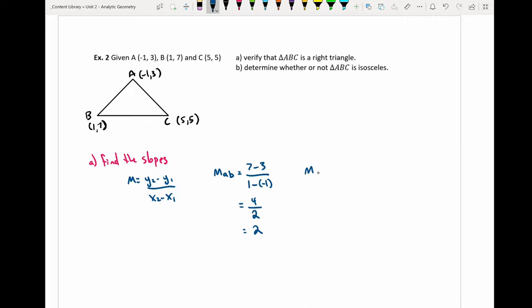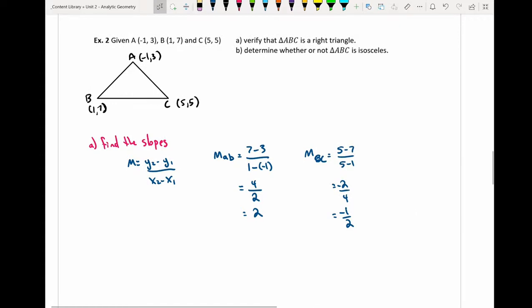I'm going to look at another line, the one adjacent to it, BC. And it's using the same slope formula. So BC, I got 5 minus 7 over 5 minus 1, so -2 over 4, which is -1 over 2.